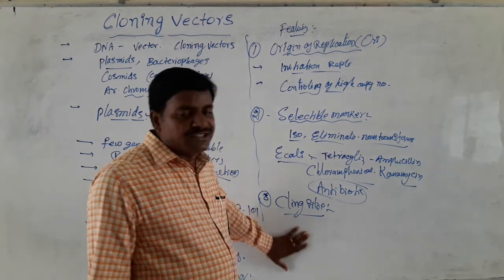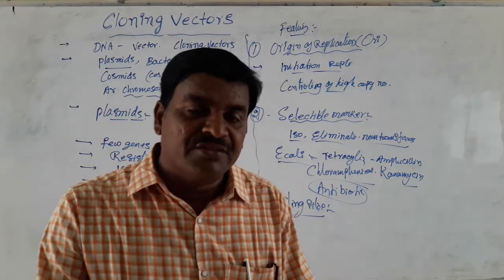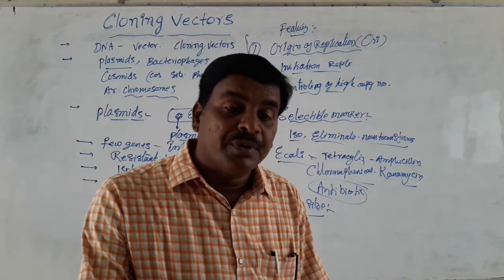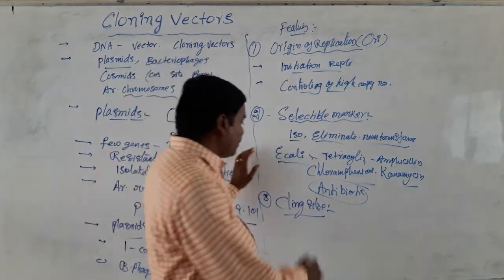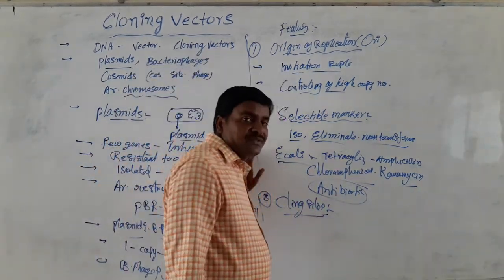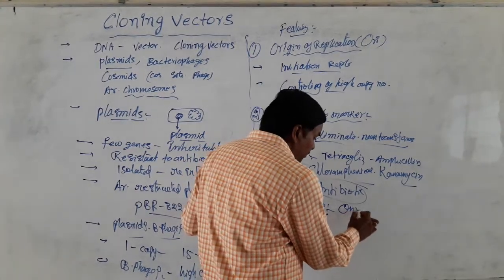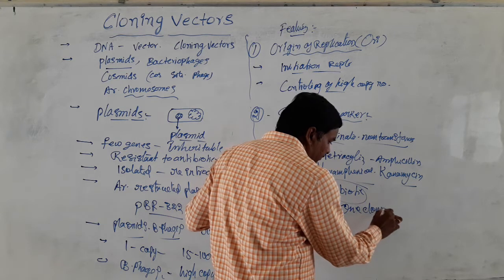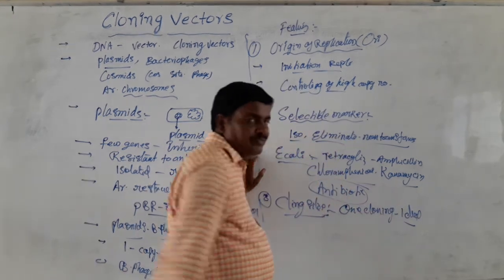So a vector should have very few cloning sites that facilitate the action of the endonuclease enzyme, preferably only one cloning site. Only one cloning site is considered an ideal vector.